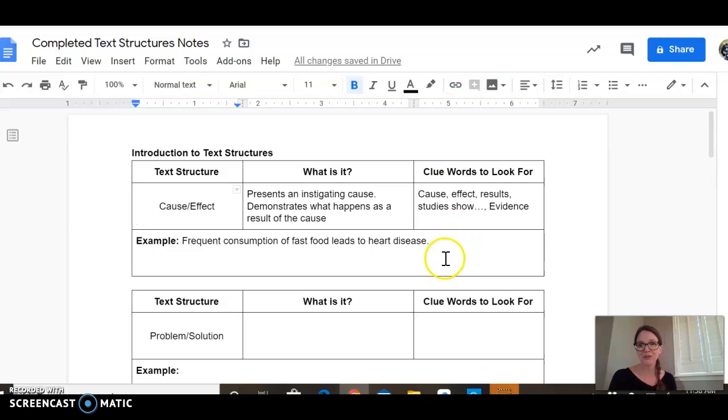Your completed notes should look a little bit like this. Cause and effect presents an instigating cause and demonstrates what happens as a result of the cause. Some of the clue words we can look for are cause, effect, results, studies show, and evidence. And our example was the frequent consumption of fast food leading to heart disease.